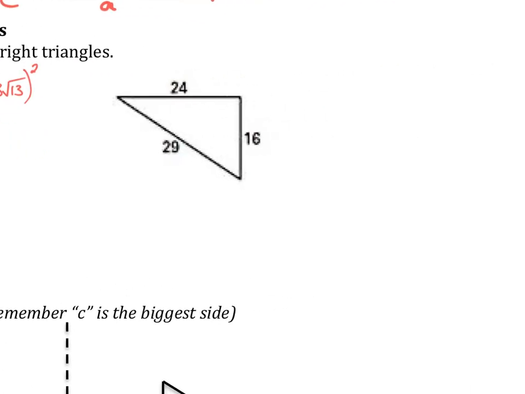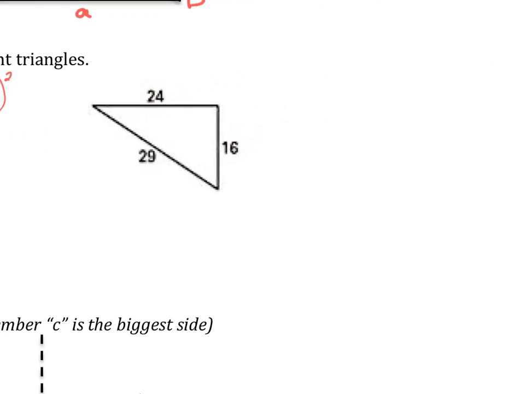You look at the one on the right, the biggest side is 29, so that's c. The other sides are a and b. So does 24 squared plus 16 squared equal 29 squared? So if you do 16 squared plus 24 squared, you'll get 832 on the left side. 29 squared is 841.